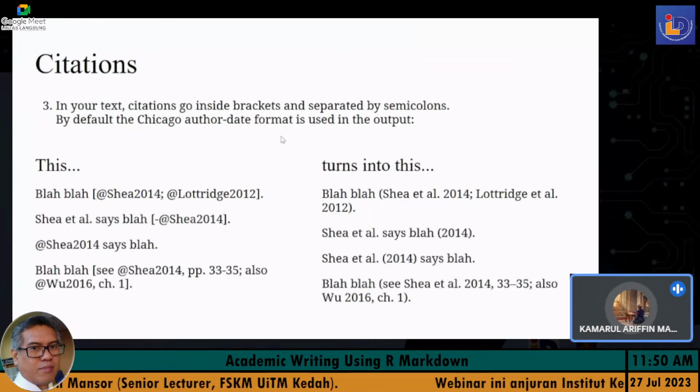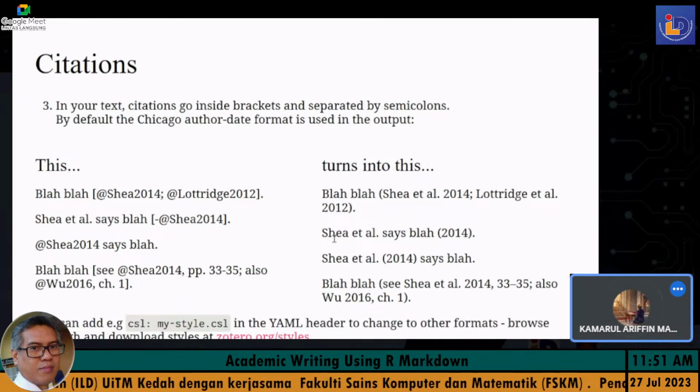Similarly, if you write Shah et al. says blah, it will appear in your document as Shah et al. say blah 2014. So the minus sign in front of the alias here means that it will just write the year. If you write without the minus, it will show Shah et al. 2014 say blah. So this is how you write the citation.